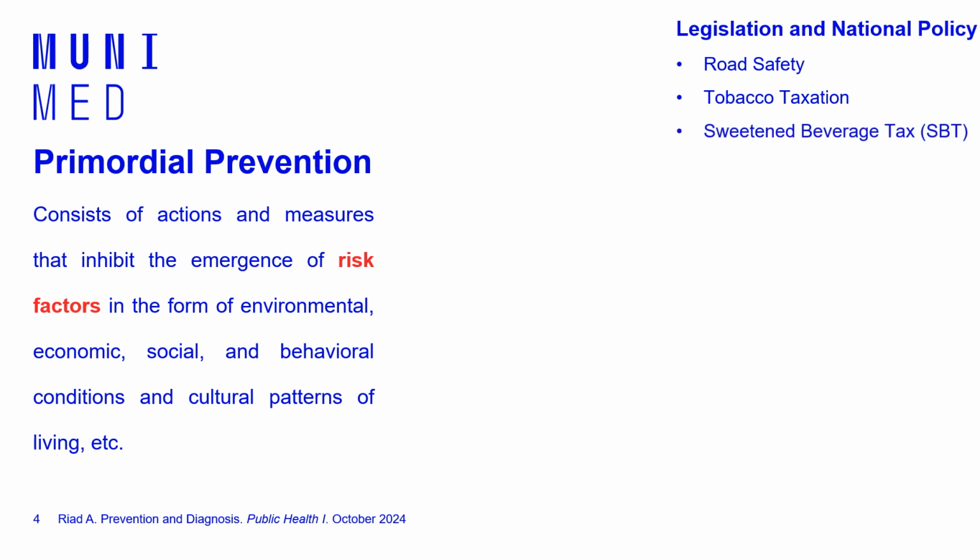The same also applies for sweetened beverages. When you increase taxes on sweetened beverages like cola and others, you try to make them less accessible for children and other risk groups.